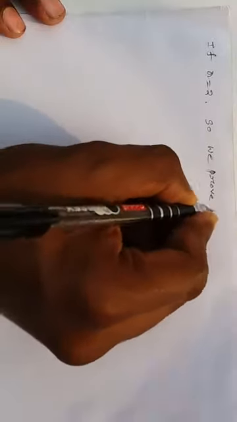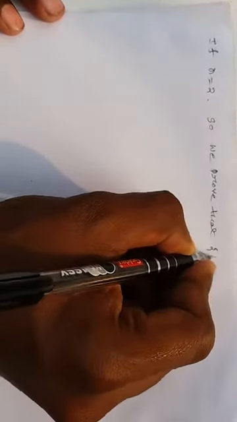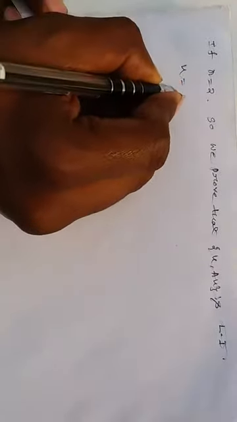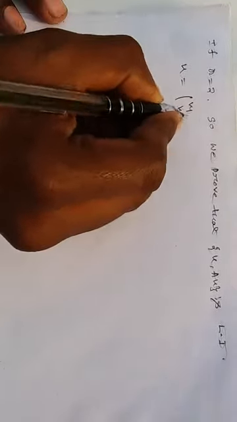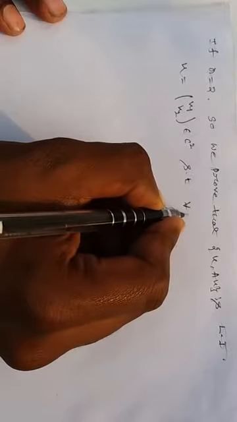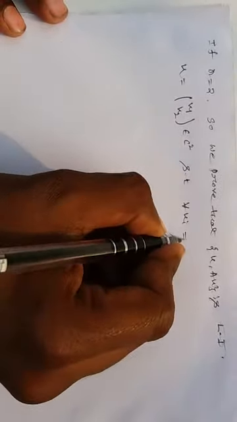And if we take n equal to 2, we prove that U and AU are linearly independent. Now we choose U equal to (u1, u2) belonging to C2 such that each ui is not equal to 0.